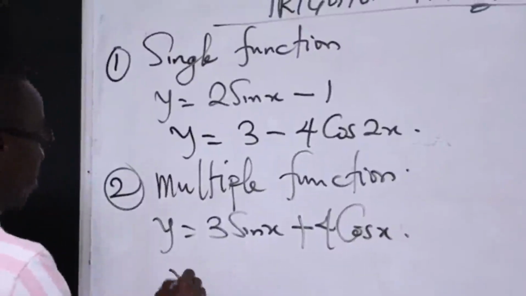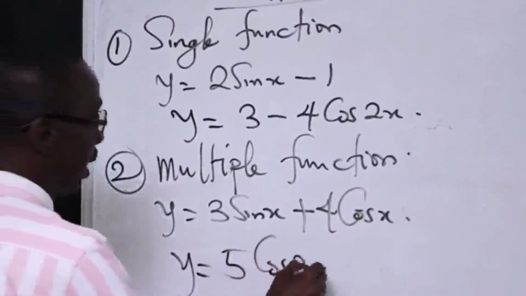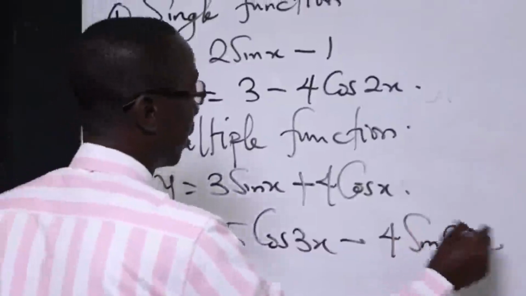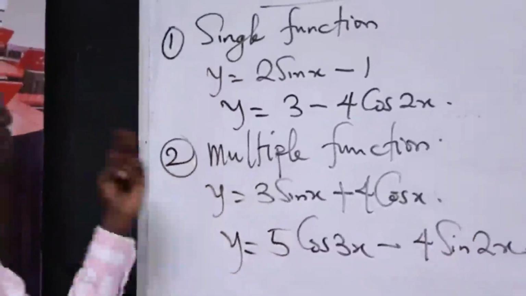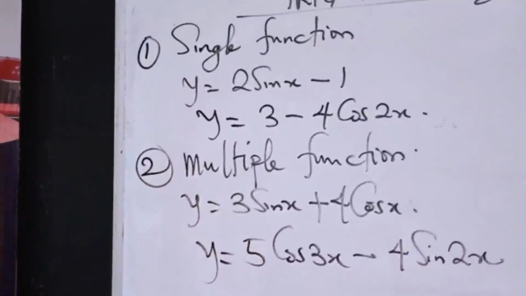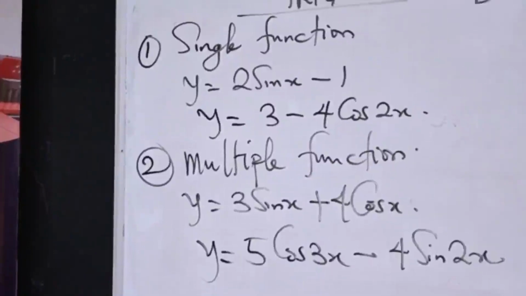You could also have y is equal to 5 cos 3x minus 4 sine 2x. These are examples of the 2 types of functions that you can have in the examples under trigonometry graph.